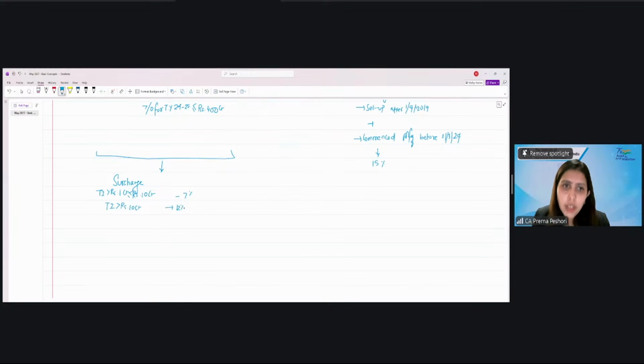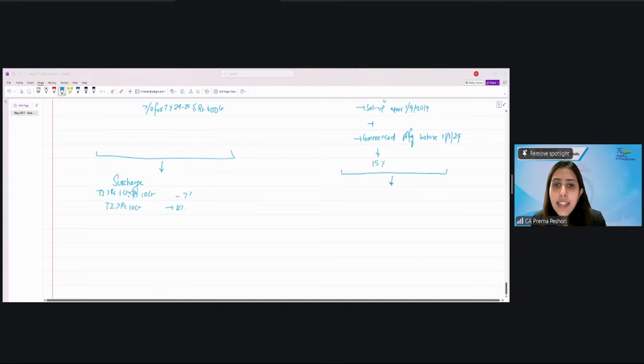So here the marginal relief is also applicable. And then you will be adding the education cess. But for companies opting for the concessional tax regime, the surcharge, just like in the case of the cooperative society, will be a flat 10%. There is no threshold, so there will not be any marginal relief.